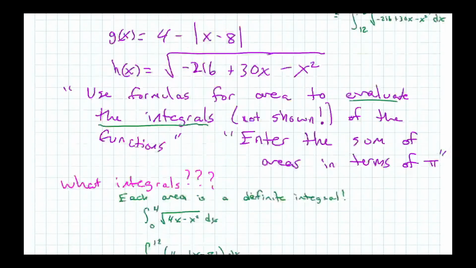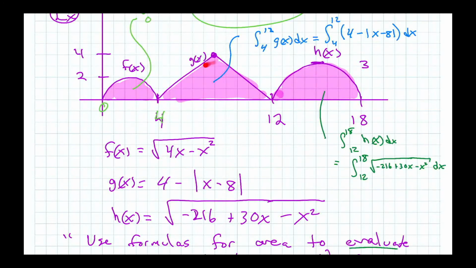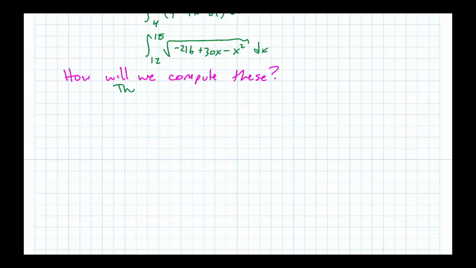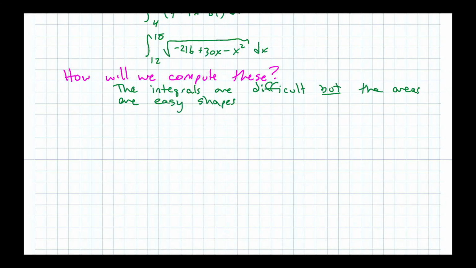Easy. The actual shapes on the graph are half circle, triangle, half circle. And you know how to calculate the area of a half circle or a triangle, right? So the integrals are hard, but the areas are easy shapes: half circles and triangles.